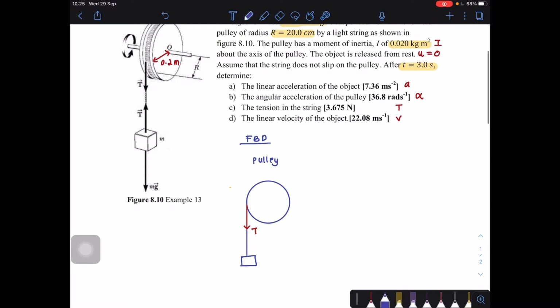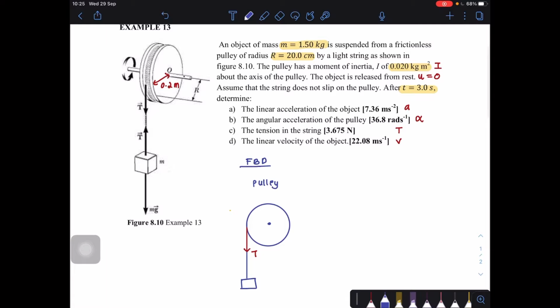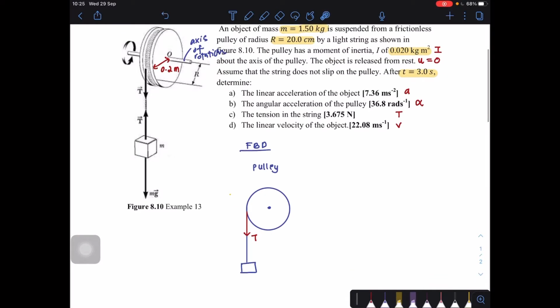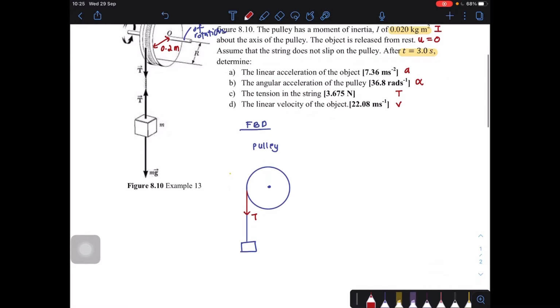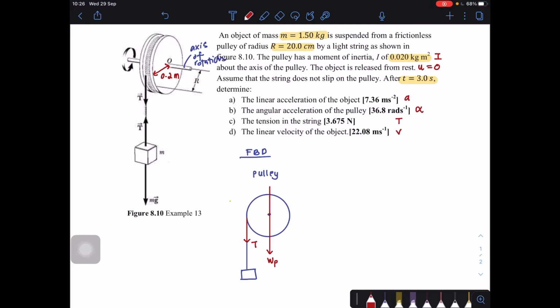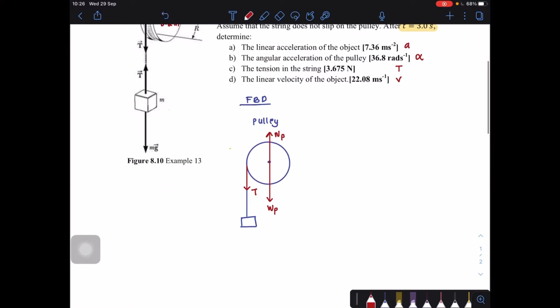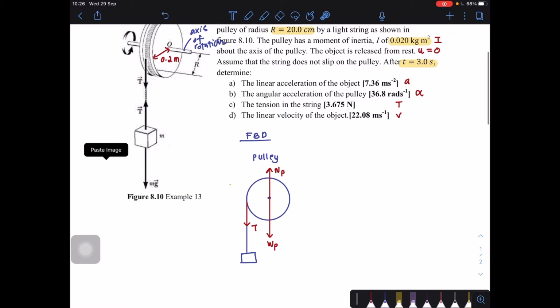And then dekat tengah ni kita ada axis of rotation. So dekat tengah akan ada axis of rotation. So pulley akan ada weight force going downward. And then untuk balancekan dia akan ada normal force going upward. Okay, so this is for the pulley.